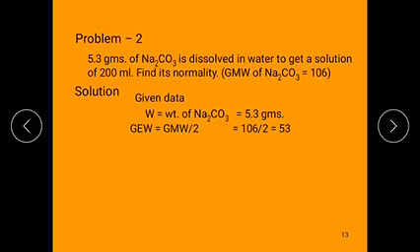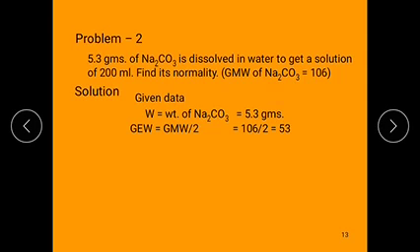The gram equivalent weight of sodium carbonate is the molecular weight of sodium carbonate divided by its total positive charges or negative charges. Here the sodium carbonate, Na2CO3, on ionization produces 2Na plus and CO3 minus 2.